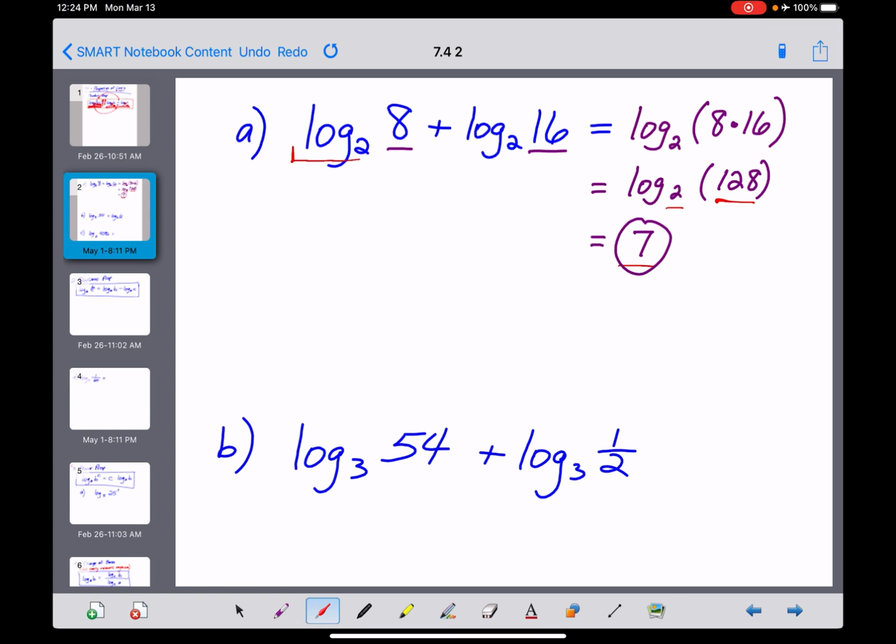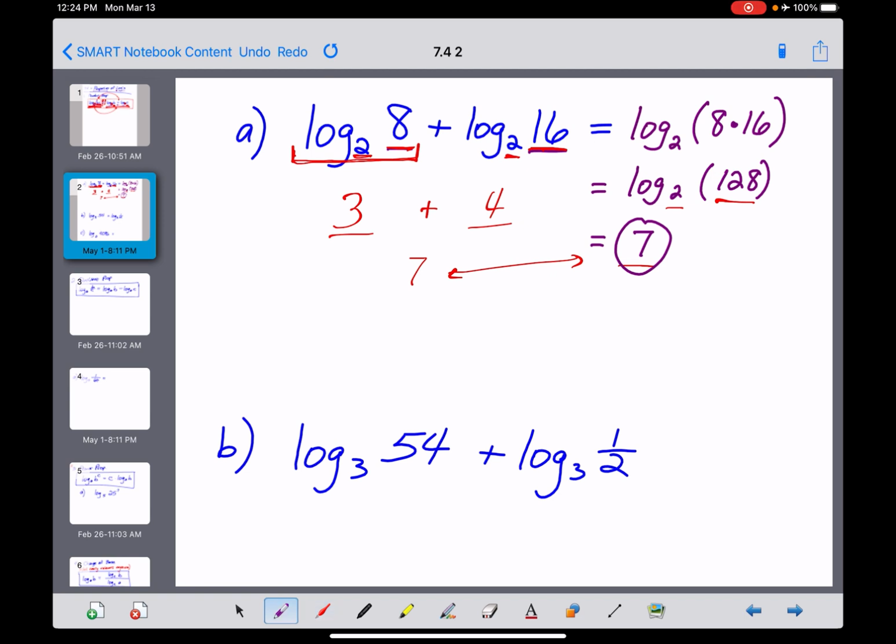And I don't know if anybody noticed this, but log base 2 of 8 is one we can evaluate right away. 2 raised to what power is equal to 8? That's 3. 2 cubed is 8. And then plus 2 raised to what power is equal to 16? That's a 4. And sure enough, 3 plus 4 gets us 7 for our answer. So we could really arrive at that answer of 7 two different ways.